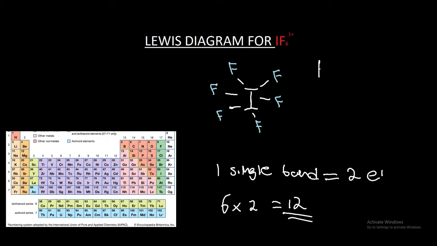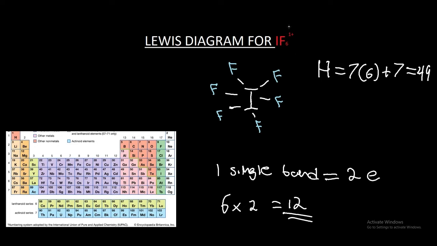So we're going to find out how much we had, which is fluorine is in group 17, so it had 7 valence electrons. We have 6 fluorines, 7 times 6, plus iodine, which is also in group 17, so it has 7 valence electrons. And that equals 49 electrons.